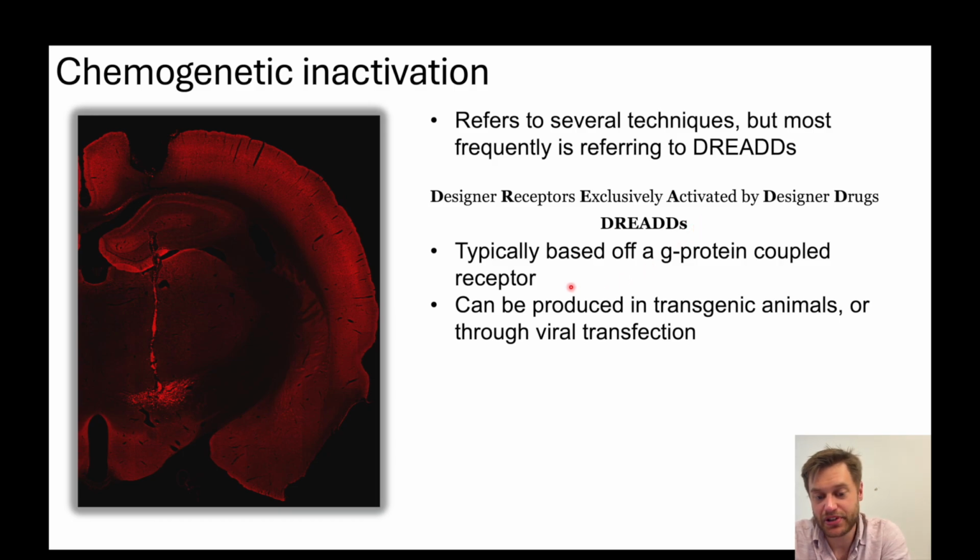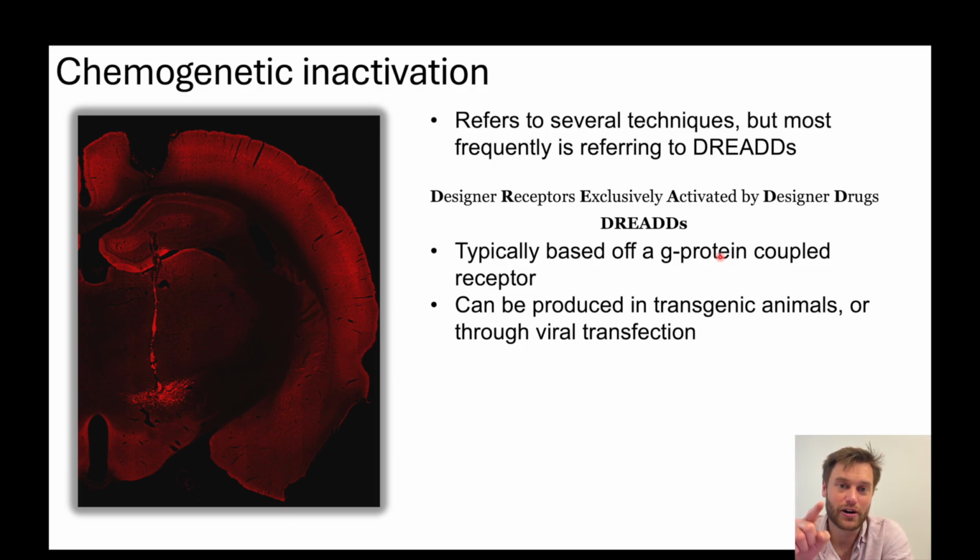So it's typically based off of a G protein coupled receptor. Remember that G protein coupled receptors are also called metabotropic receptors. And they're called G protein coupled because it is a 7 membrane protein. It spans the phospholipid bilayer 7 times. And on the intracellular space, that G protein coupled receptor is coupled to a G protein. What is a G protein? It's some chemical that's residing on the intracellular space.